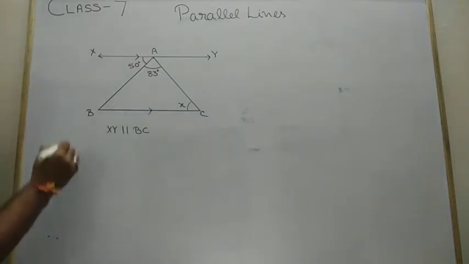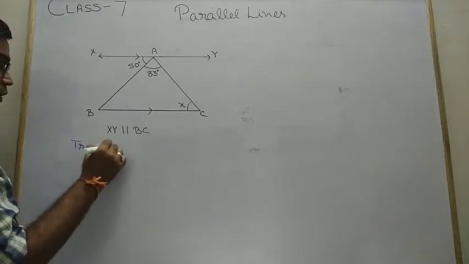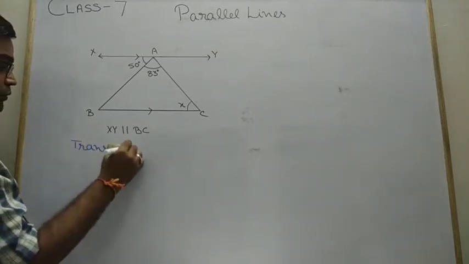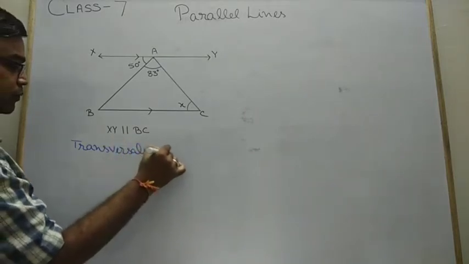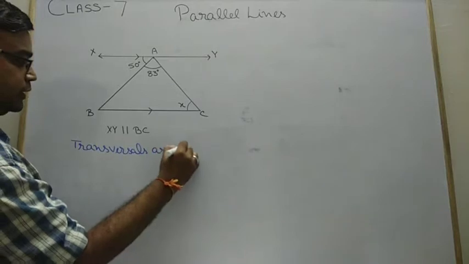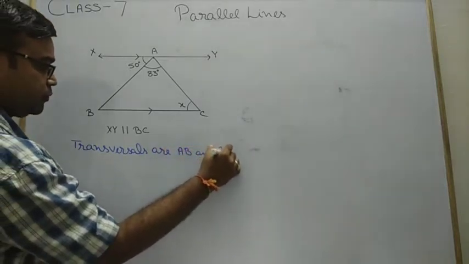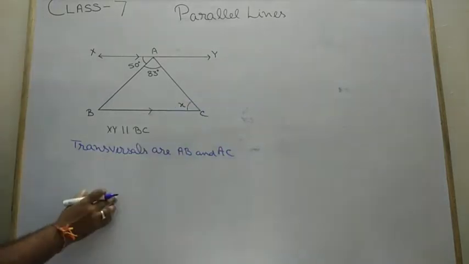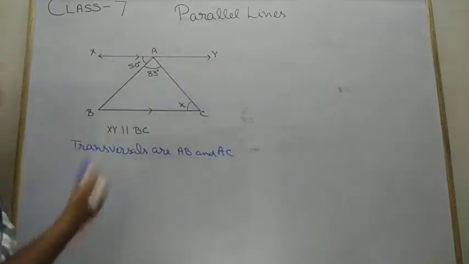First we write down the transversals: AB and AC. Clear? There are many ways to solve this one.